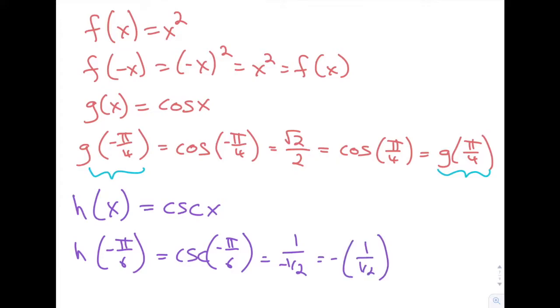We know that this is 2, but I'm not simplifying it just to keep track of what's what. And then 1/2 is the y-coordinate of the terminal point determined by pi over 6. So this is negative cosecant of pi over 6, thus showing that cosecant is odd.